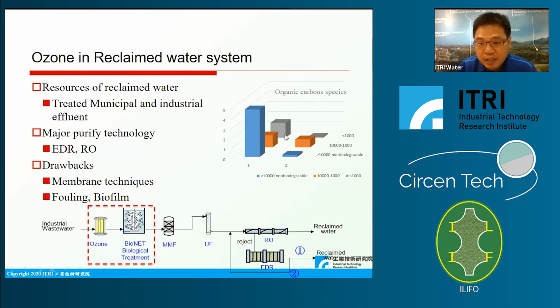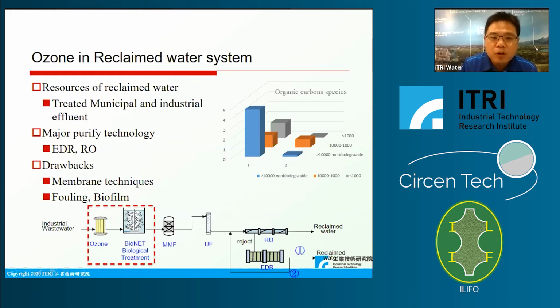You can see the analysis of the municipal and industrial effluent: the TOC, and the molecular weight of the TOC inside. The TOC contains a high content of non-biodegradable TOC. However, compared to tap waters, they are completely low.